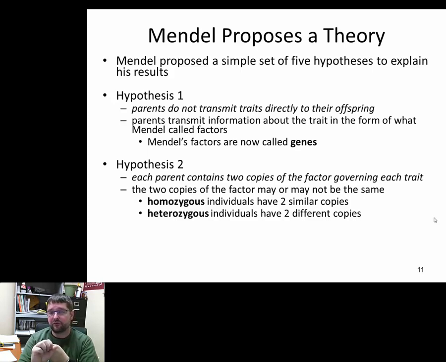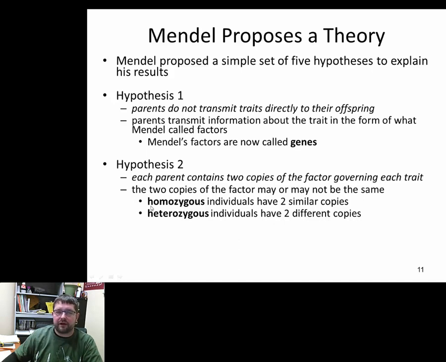Now we know that had he chosen something that was not diploid, he would never have been able to come up with this hypothesis. So you can actually remove the 2 copy piece and put any number there, because we know that there are tetraploid, hexaploid, and octoploid organisms, all kinds of varieties. And so that really doesn't change the overall hypothesis, you just have to change these numbers. The numbers don't really work for all organisms, right?